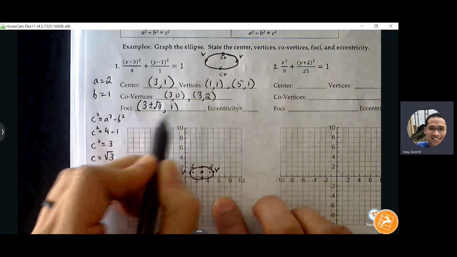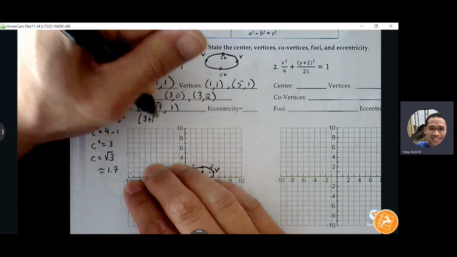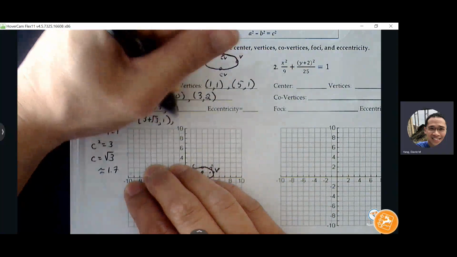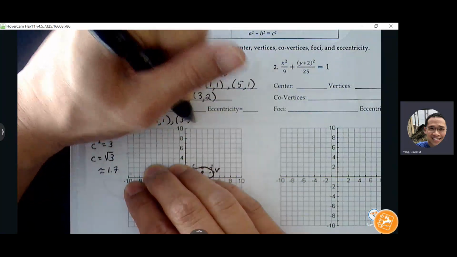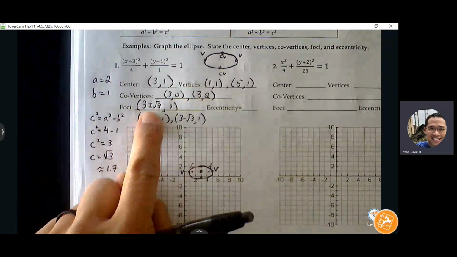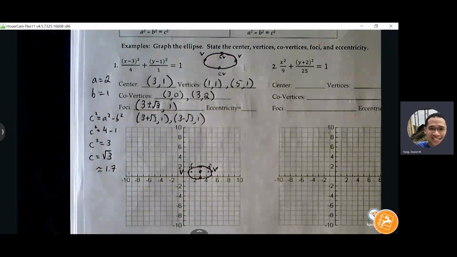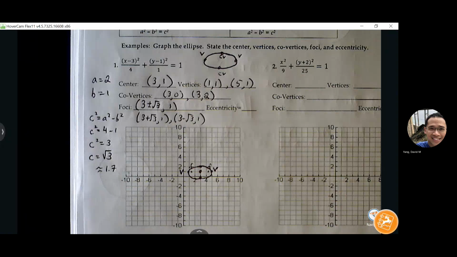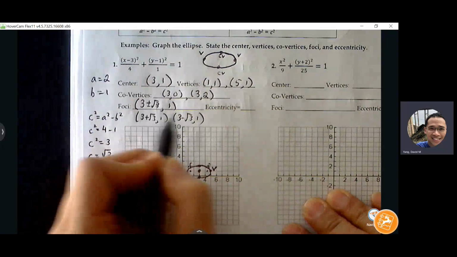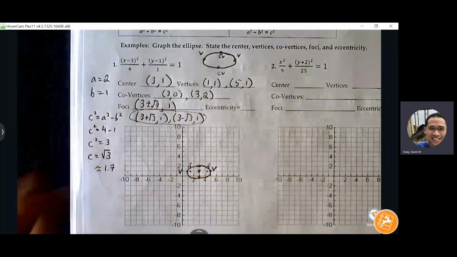This is a way to indicate my two ordered pairs. It's really saying (3 + √3, 1) and (3 - √3, 1). If you want to merge those two ordered pairs into one, you can use the plus or minus. It's really just two ordered pairs written as one thing. You don't have to write both, but this would be the expanded version of that condensed ordered pair.